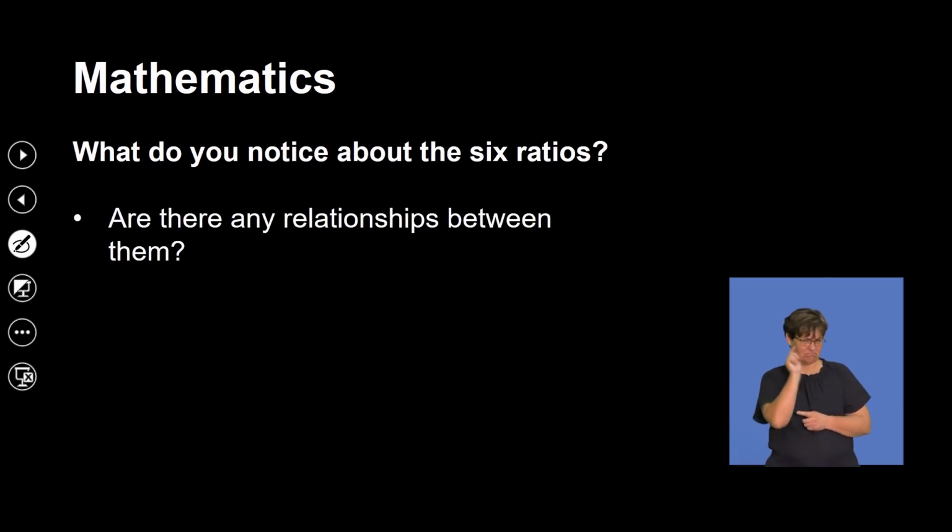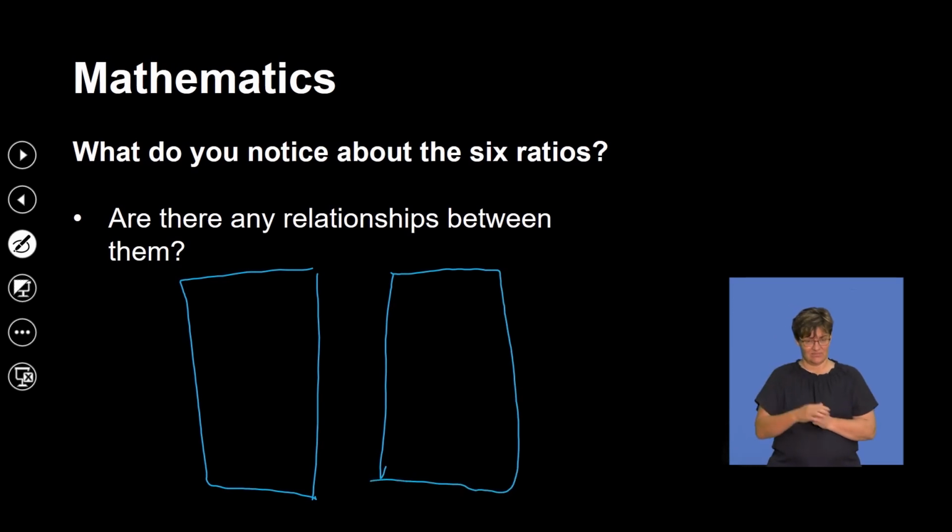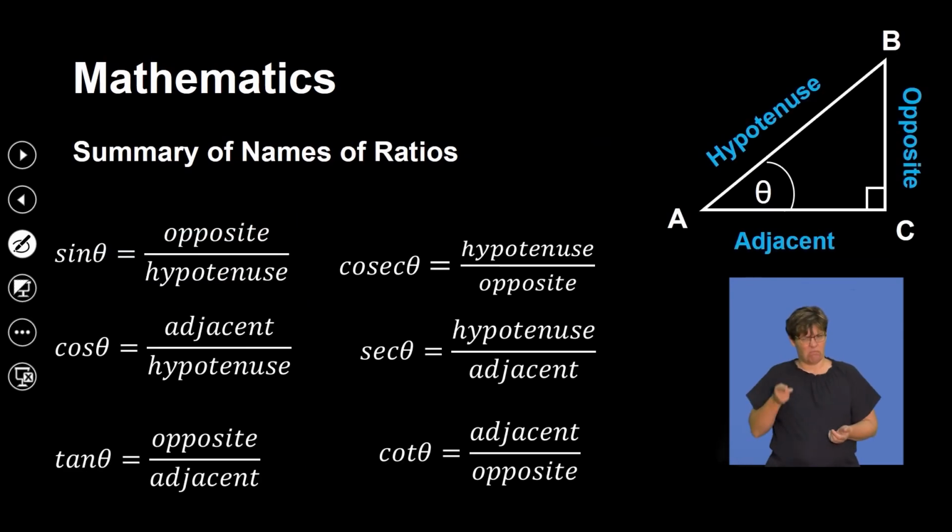Now, what do you notice about the 6 ratios? Are there any relationships between them? What do you think? If I looked at my first 3 ratios here, is there a relationship of those ratios with that? Kind of, because we saw that we're swapping the numerator and the denominator around. But what exactly do we call that?